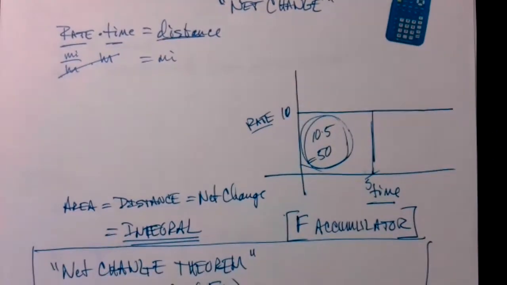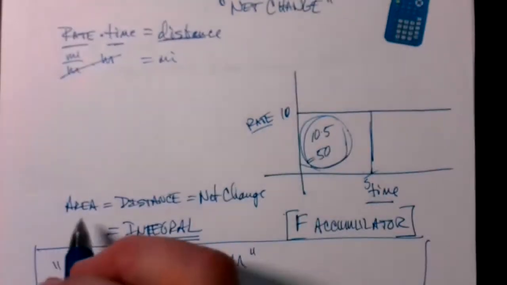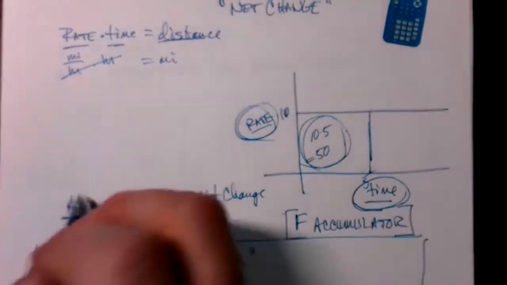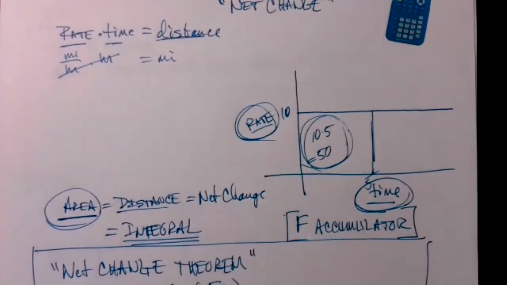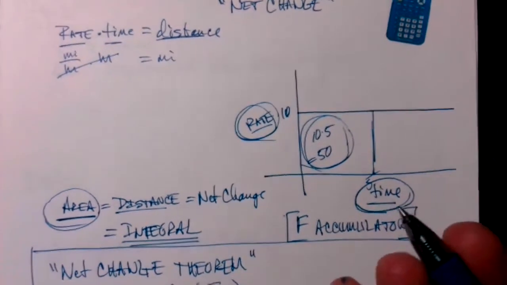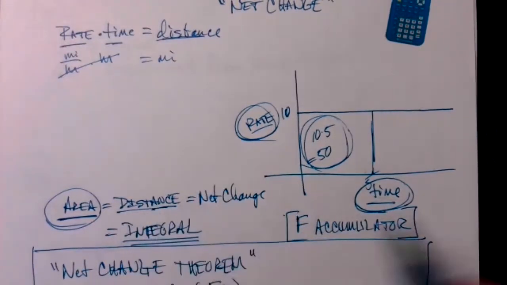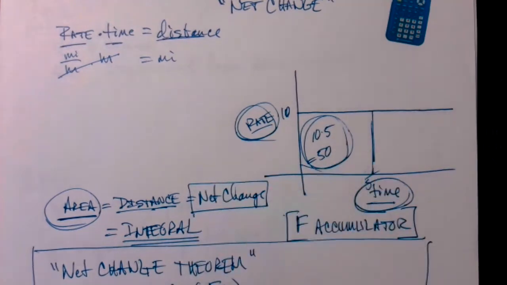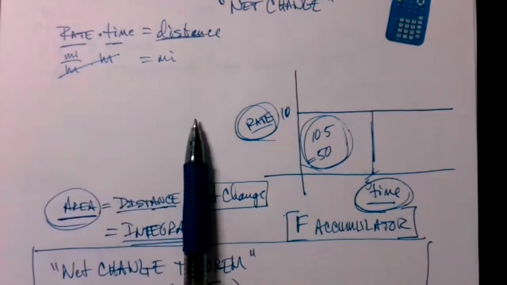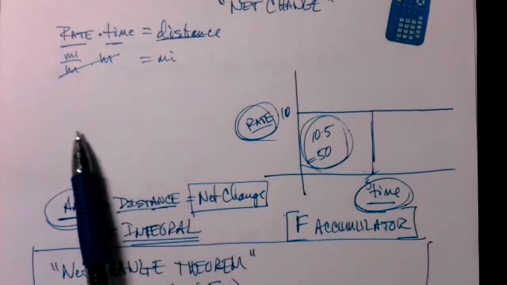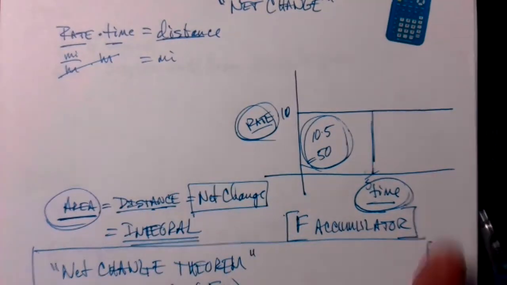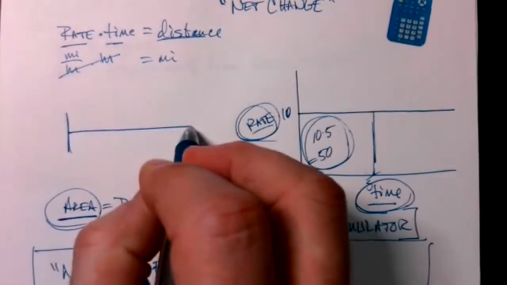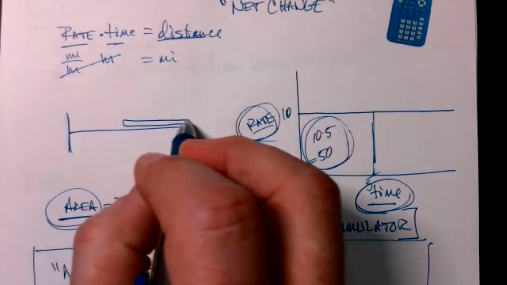And so to connect that with what we've been doing, if we're talking about a rate in time, then area becomes the same thing as distance, or technically displacement, because it could be positive or negative. We're going to also call it net change, the change in position. For instance, if I start here and end there, then my net distance change is what we're talking about. And worth noting that we could be going forward, then coming backwards, and then going forward again.